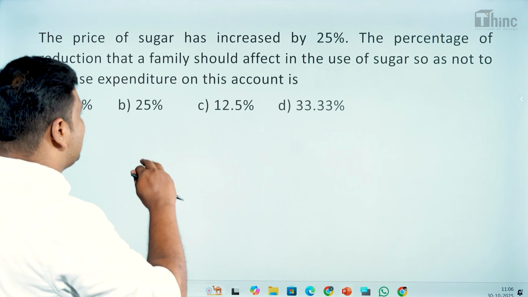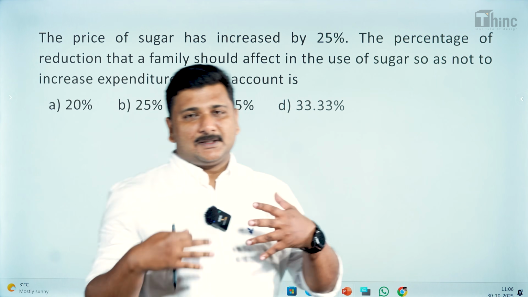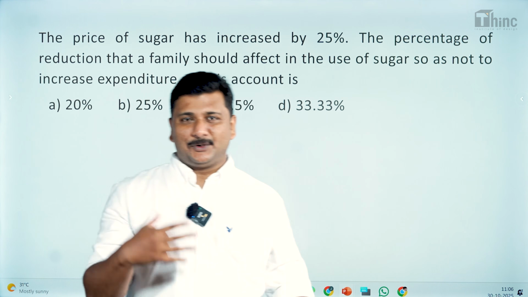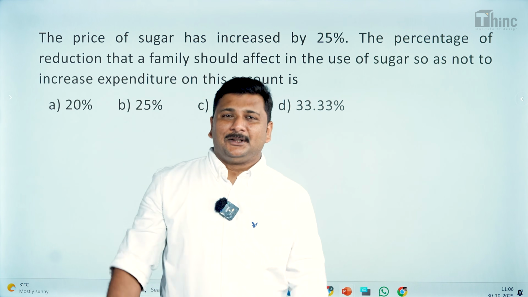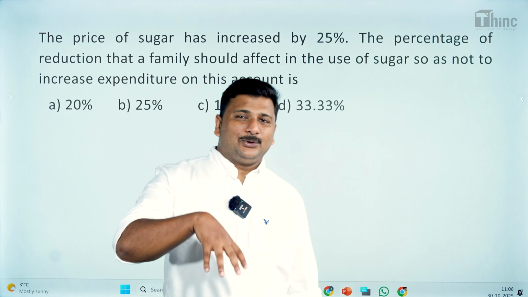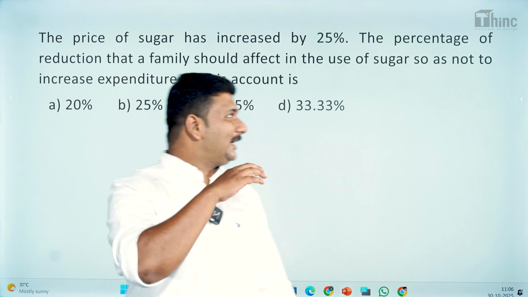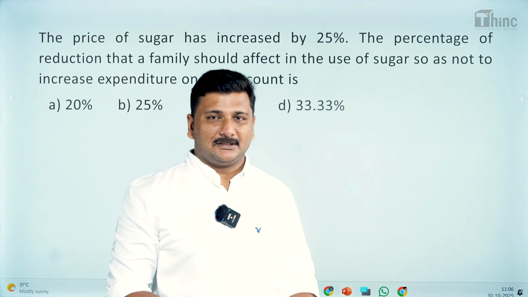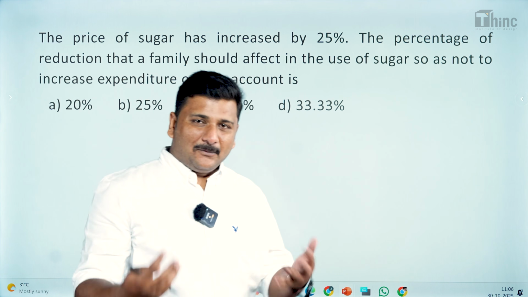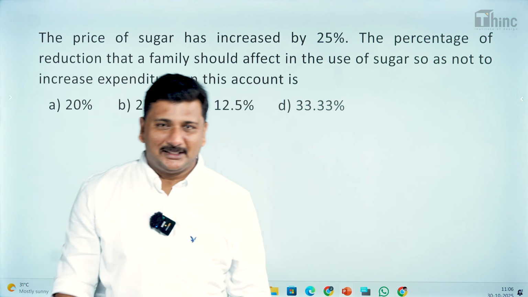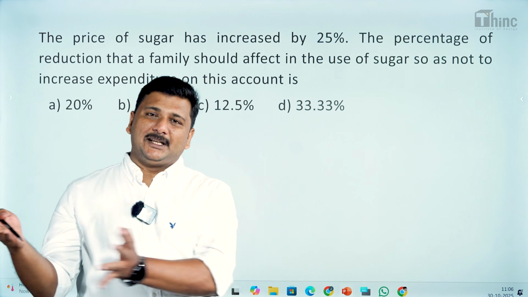The price of the sugar is increased by 25%. You are all people who go to a shop and buy items, right? Reaching the shop, you found that the price is increased by 25%. So obviously we have to reduce the quantity we're buying; then only the expenditure will remain the same.